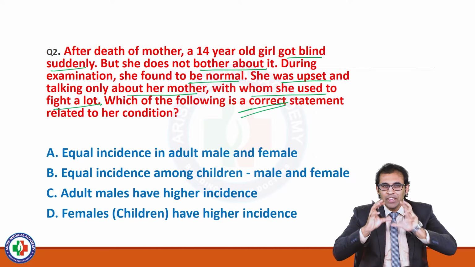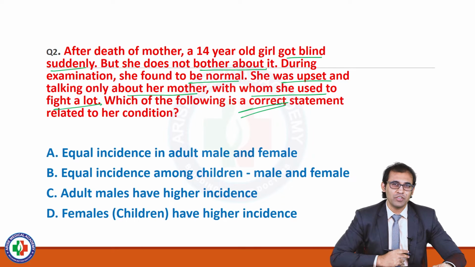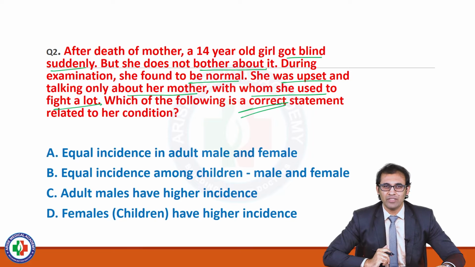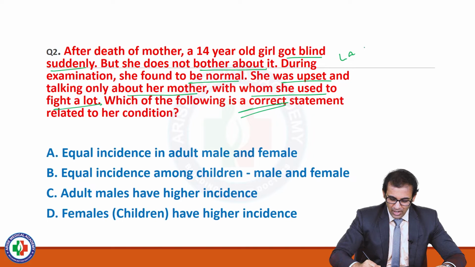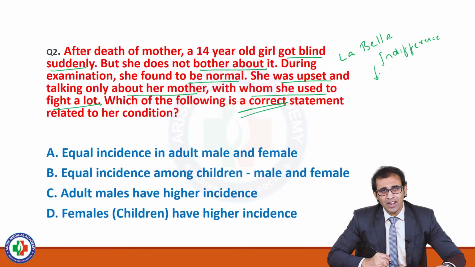See here, acute onset of symptoms just after psychological stress, where a person is unconcerned about the result, indifferent to the result. This is called what? La belle indifference. This is called la belle indifference, which is seen in which disorder?